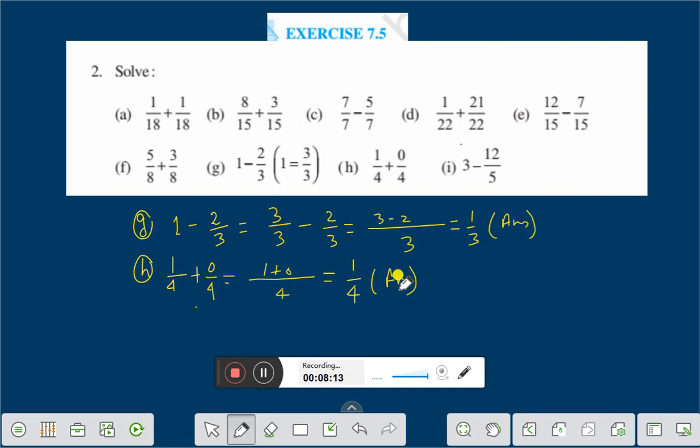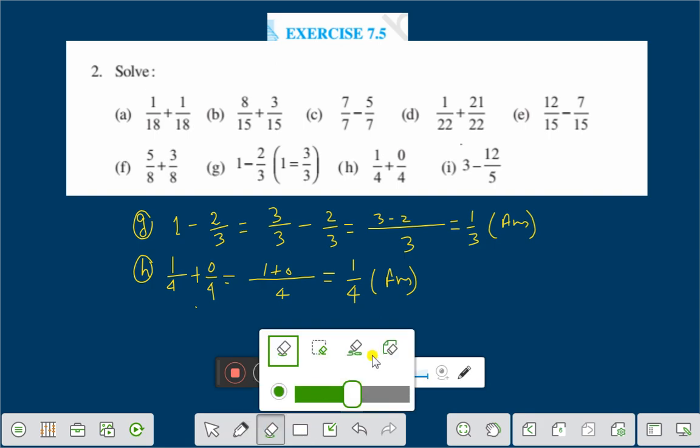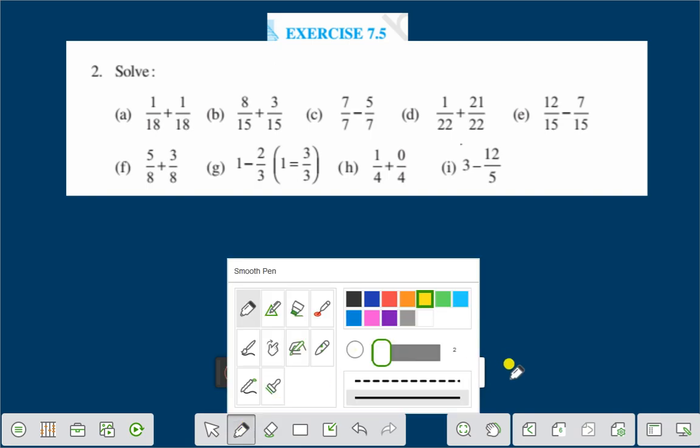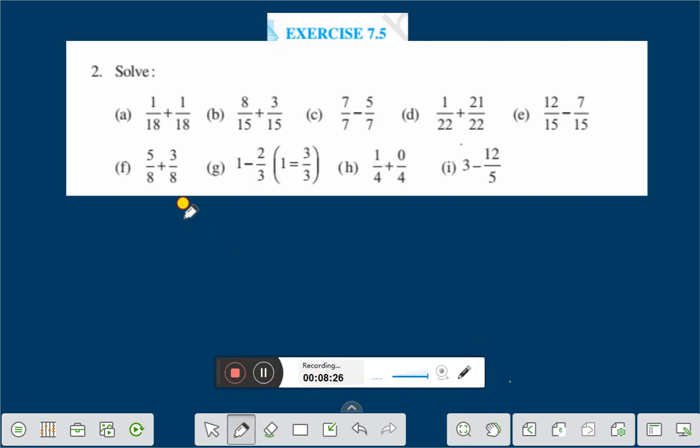Now we solve question number I. Question number I is 3 minus 12 by 5.